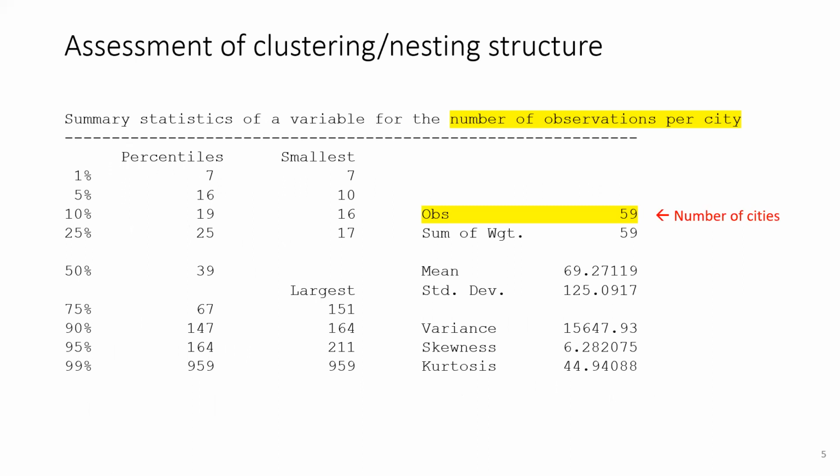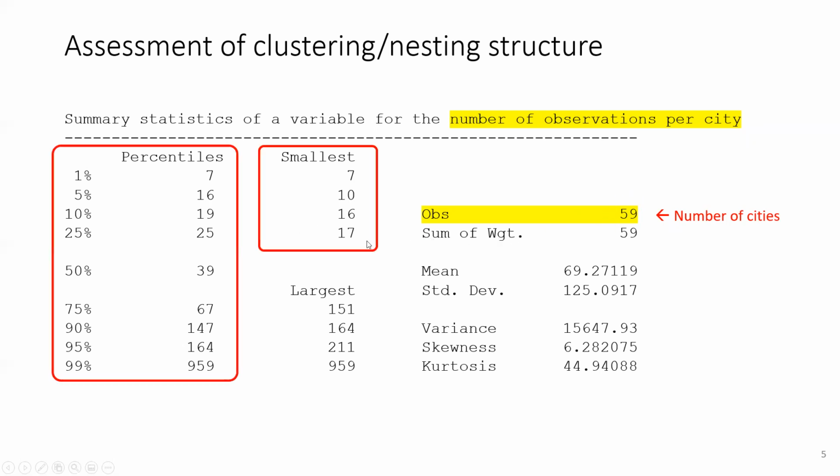Okay, first of all, let's look at the clustering or nesting structure. This table shows the number of observations per city. First of all, here we see that the number of cities is 59. And then look at this part, which is somewhat notable: the smallest city contains only 7 observations, or 7 individuals.